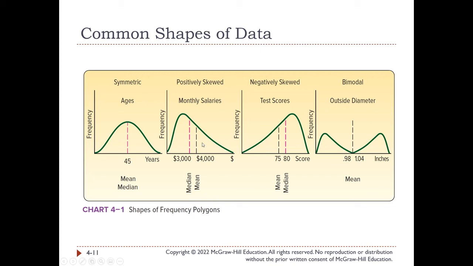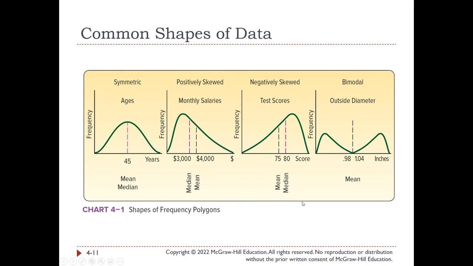If the mean is on the right side, further away, it becomes positive. If the mean is on the left side, closer to 0, that's another way to show a negative skew. Basically, the mean is less than the median, or the mean is greater than the median.